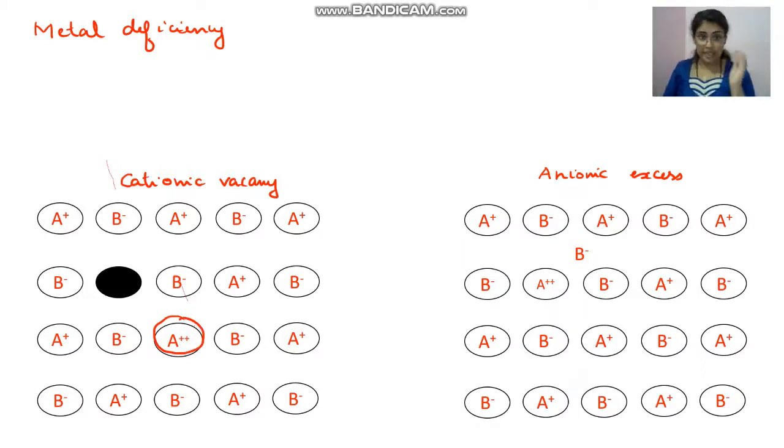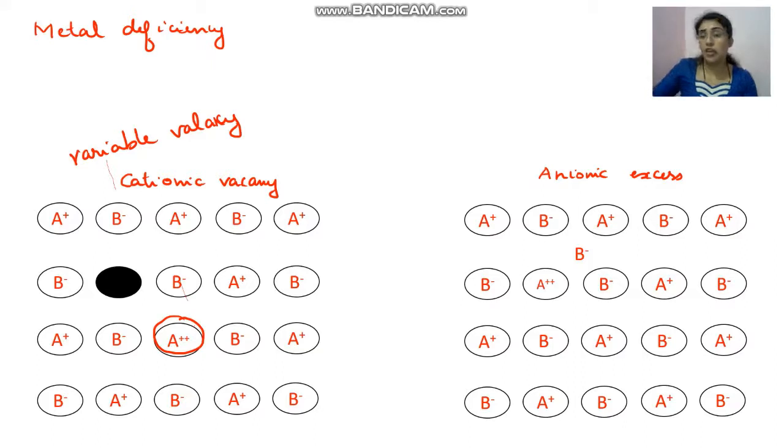So the positive ions should have variable valencies, meaning their charge would vary. This is shown by compounds of transition metals like iron oxide, nickel oxide, and iron sulfide. Such compounds are found to show this cationic vacancy.